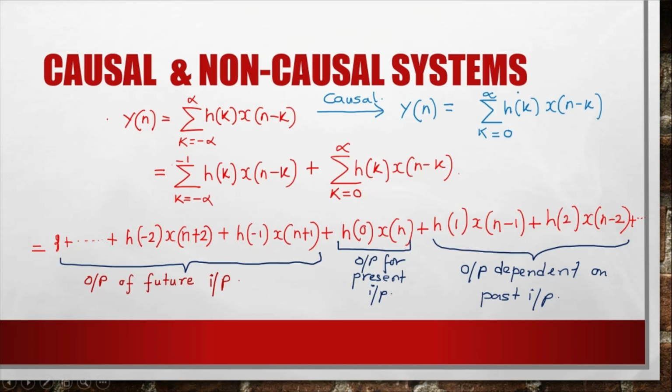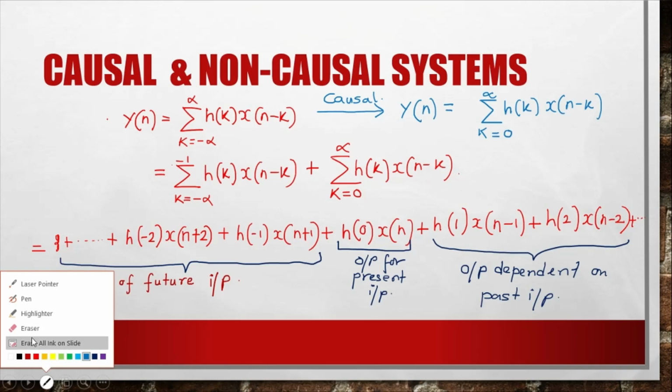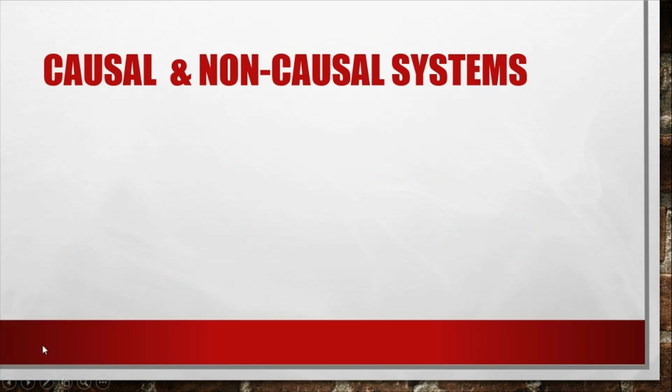Now, the next thing I would like to discuss: as I told you, for the causal output there is a limitation on the value of k. k will start from 0 to infinity, and it will be h[k] x[n minus k].